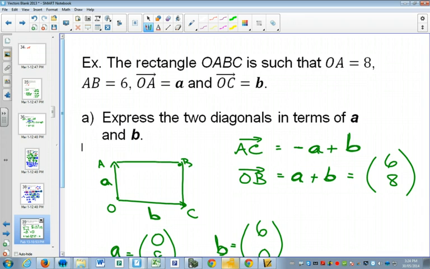So one diagonal is A to C. Well, you could get there by going negative A plus B. And the other diagonal is from O to B, which is A plus B.